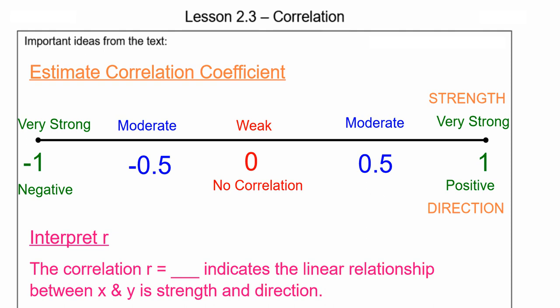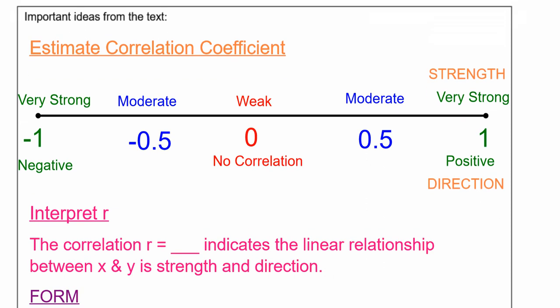So it's a template, you're just filling in the information from your problem. You're always going to give the value. You're going to talk about the explanatory variable as your X, the response as your Y. You're going to give me the strength and the direction of that data set.